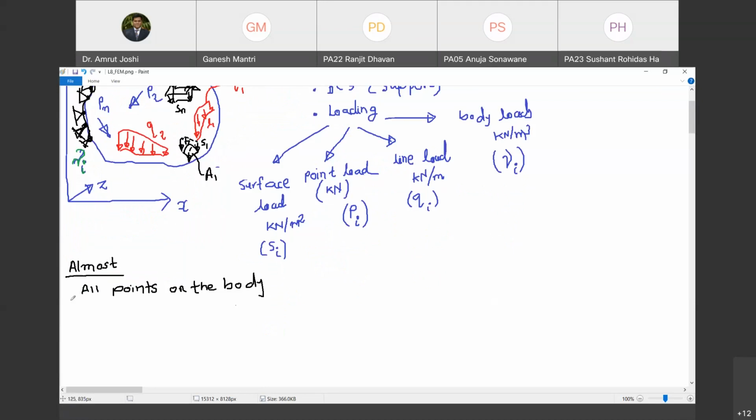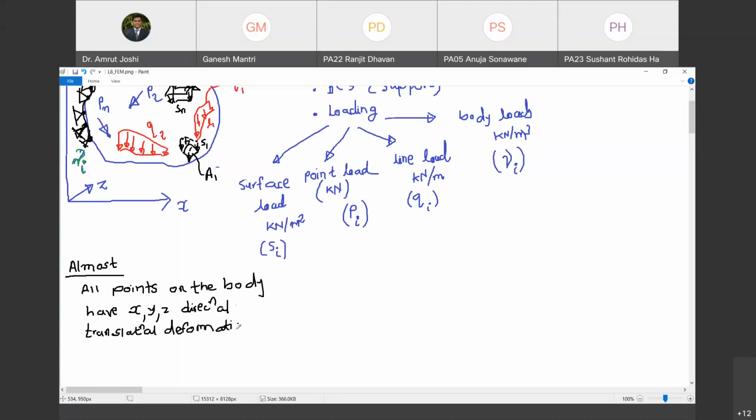Yes, sir. So almost all points on the body have x, y, z directional translational deformation. Do you agree with me? Yes, sir. Translational deformation.